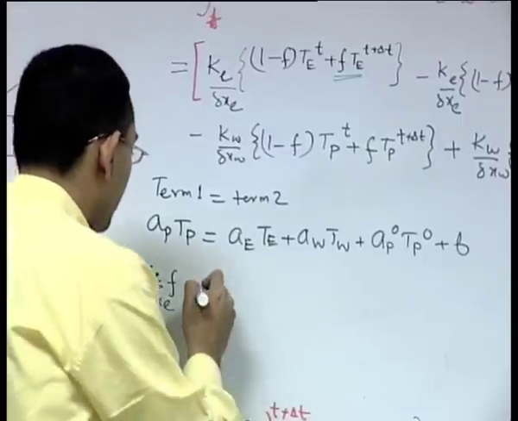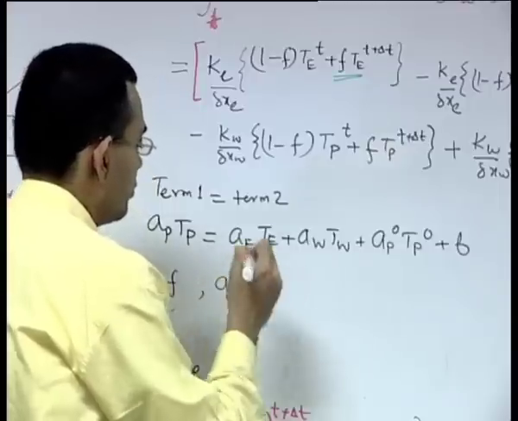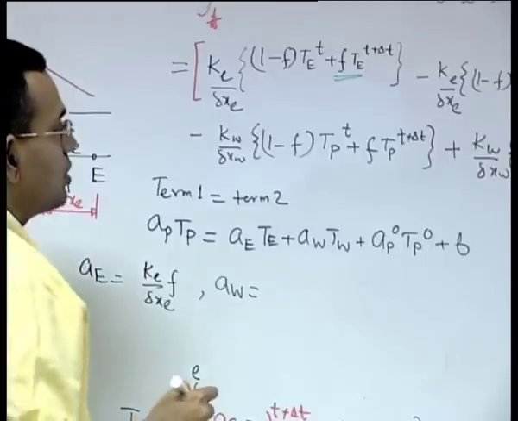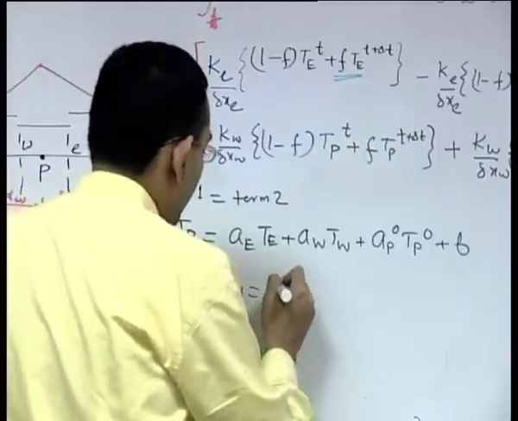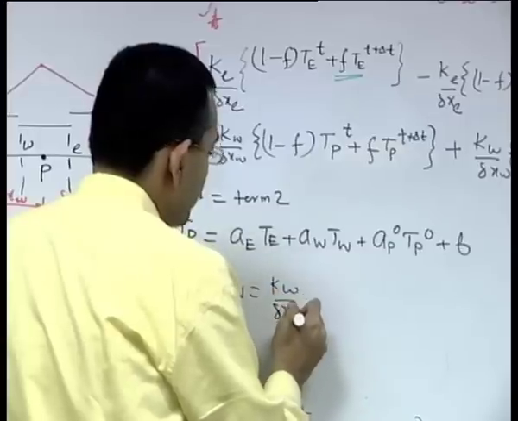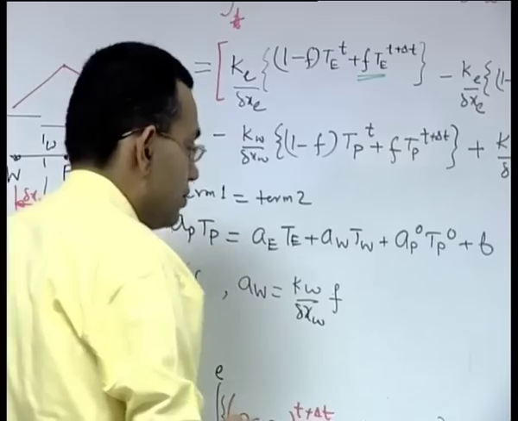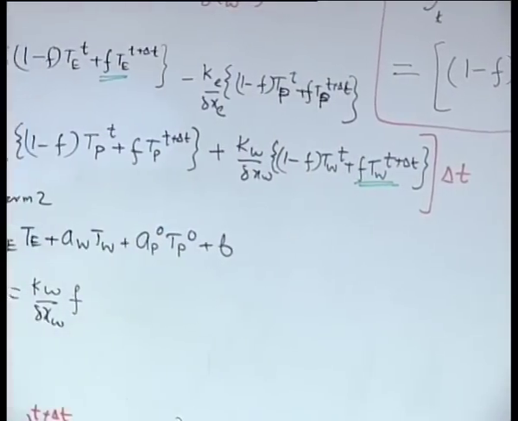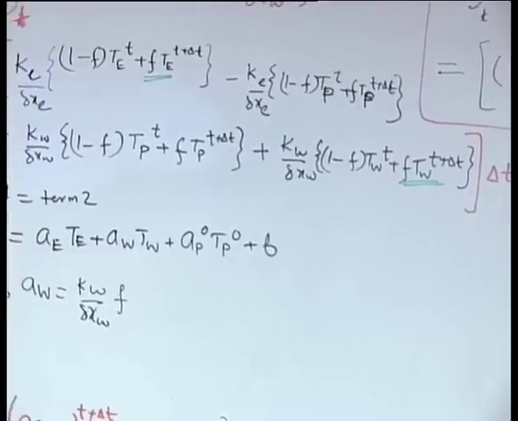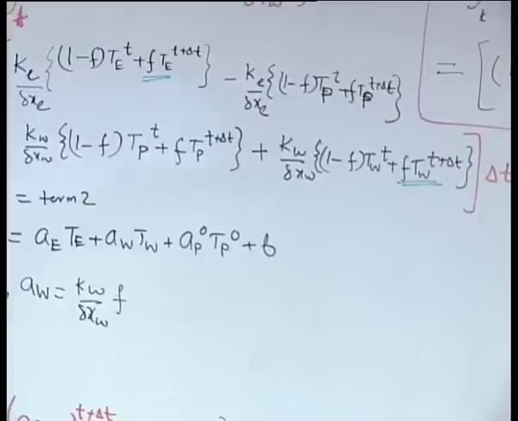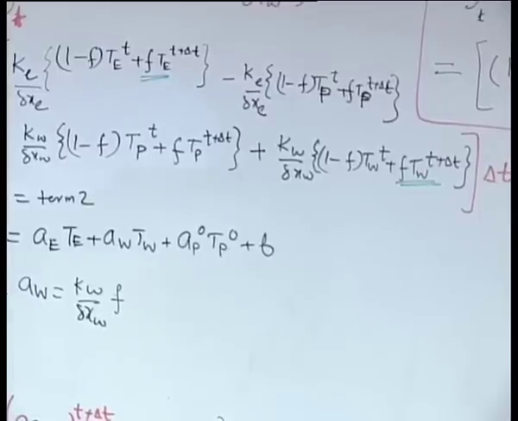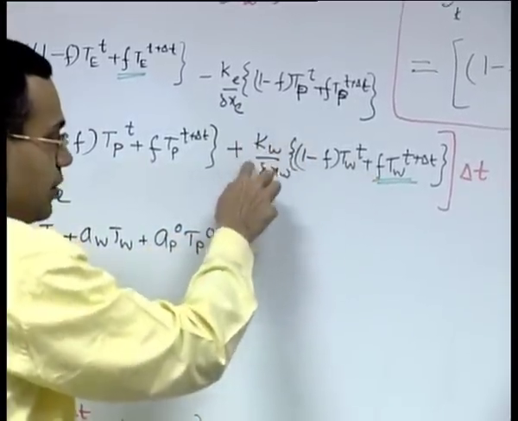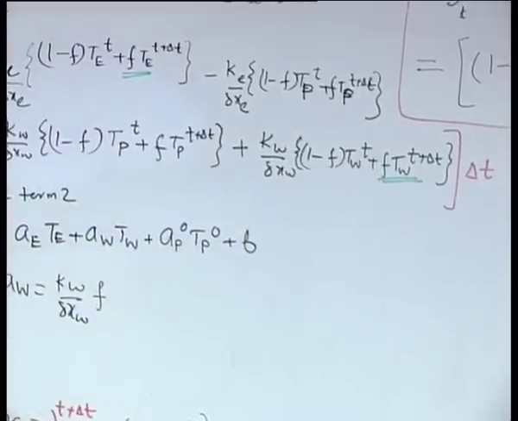No. Then AW, similarly KW by delta xw into F, that is from here. No, it is not minus, it is plus, it is coming from this term.